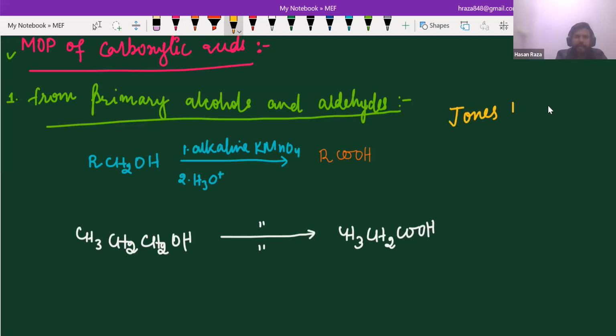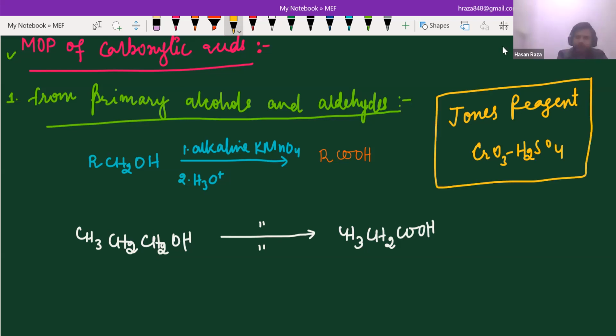And there is another reagent whose name is Jones reagent, and the reagent is basically CrO3 with H2SO4. If you are going to use this reagent on a primary alcohol, then it will also be converted into carboxylic acid. As an example, if you have a primary alcohol and you are going to use Jones reagent, always remember this is CrO3.